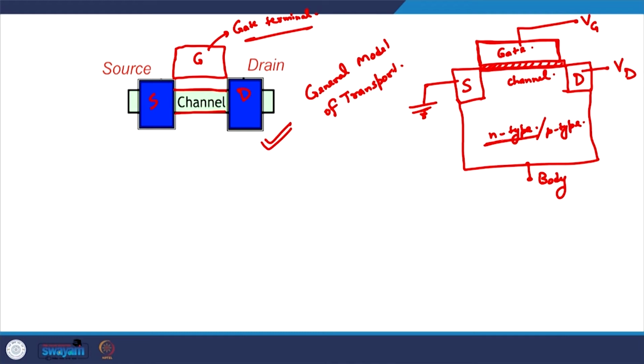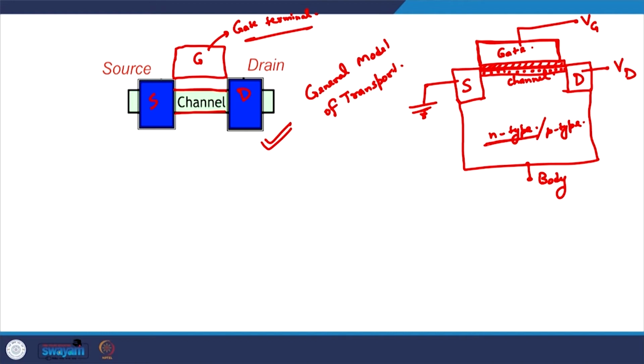So, if this is N-type material and we want a P-type channel, we have a channel in which there is an inversion layer just below the gate contact. This inversion layer will be made of holes, and that inversion layer comes into the picture because of an applied gate voltage.